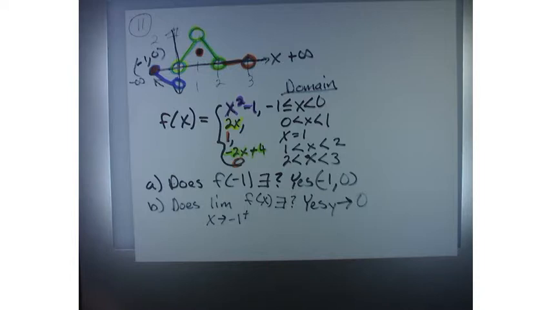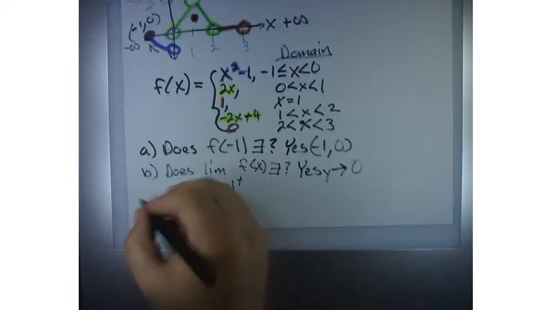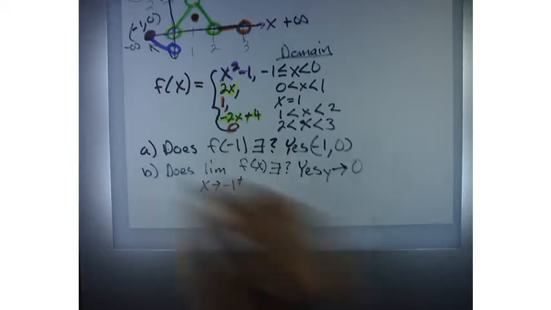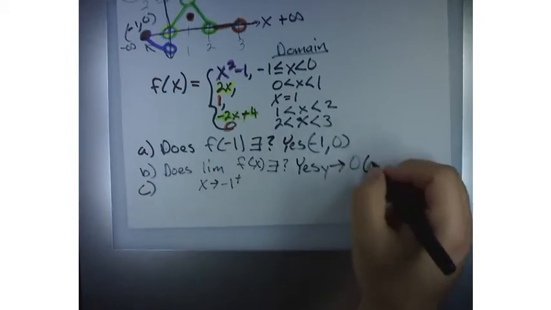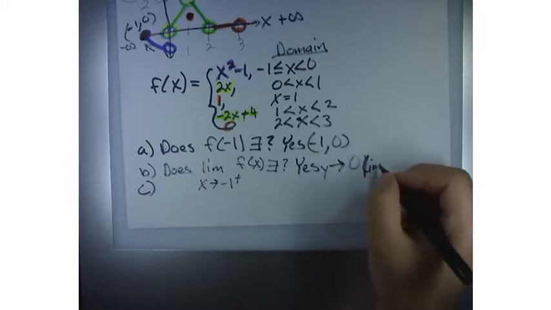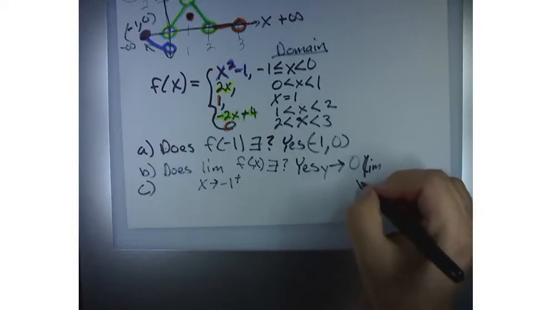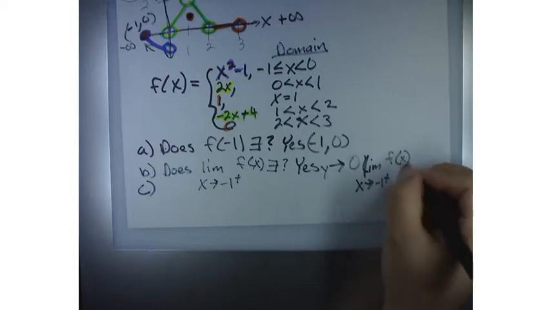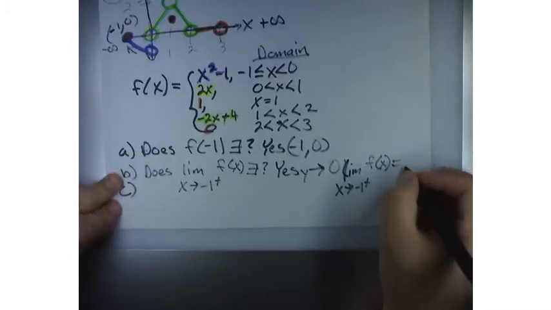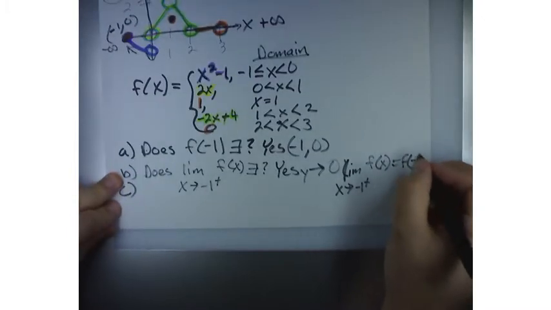Is f continuous at negative 1? Oh, I skipped C. Oh, this is C and B, right? So a more formal way to do this is to say that the limit, which is 0.